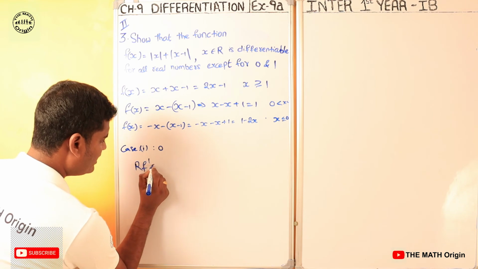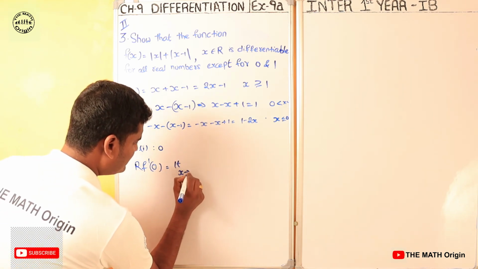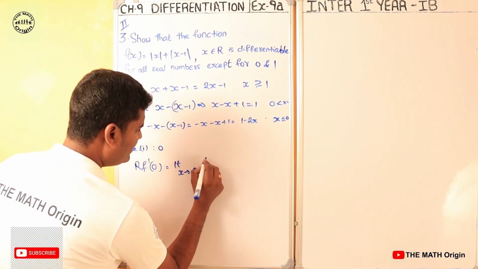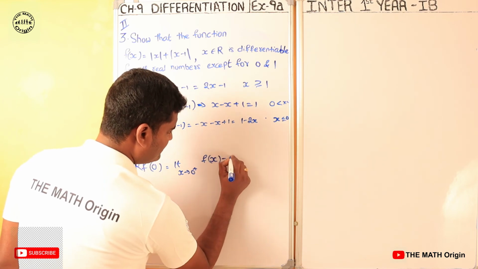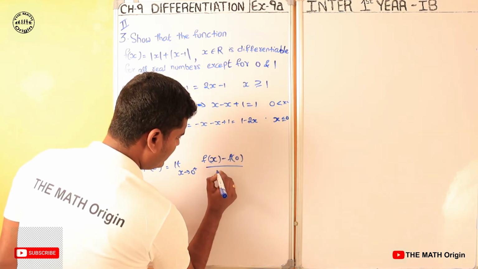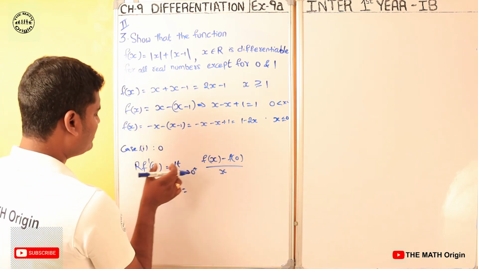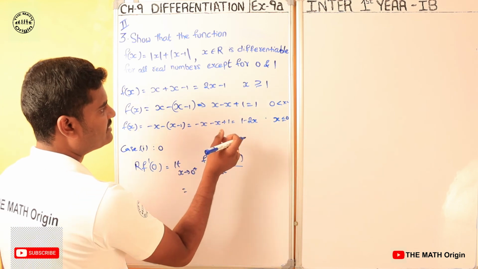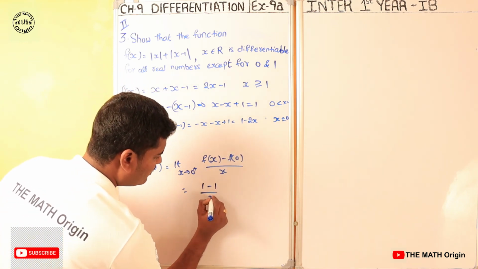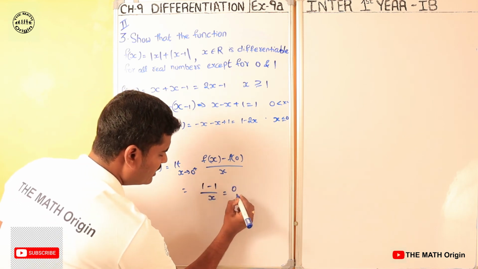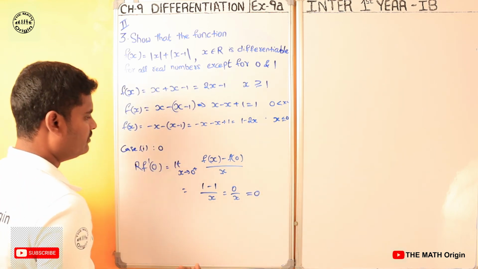Our function f'(0+), the right hand limit, equals the limit as x tends to 0+ of (f(x) - f(0))/x. Now f(x) here is the constant value, for 0+ the constant value is 1. So 1 - f(0), which is also 1, by x, therefore the numerator is 0 by x, which is equal to 0.